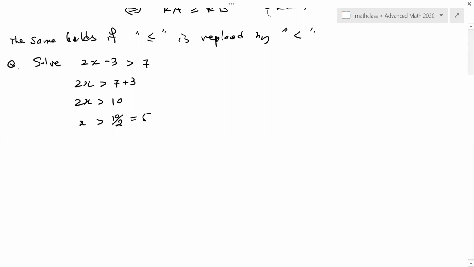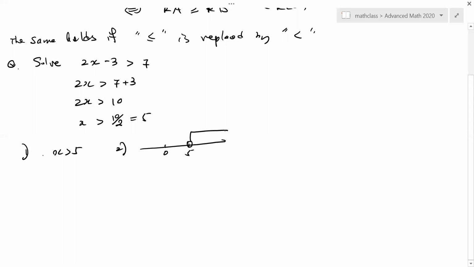Now there are several ways to express the answer. X greater than 5 is one of the answers. The second one is you draw the coordinate line, and this is 0, that's 5, and put a little circle here, like this one.